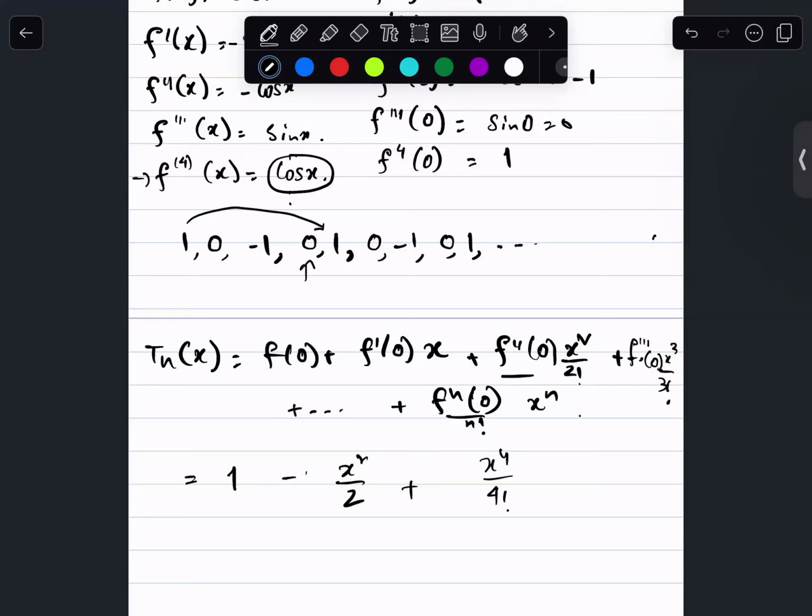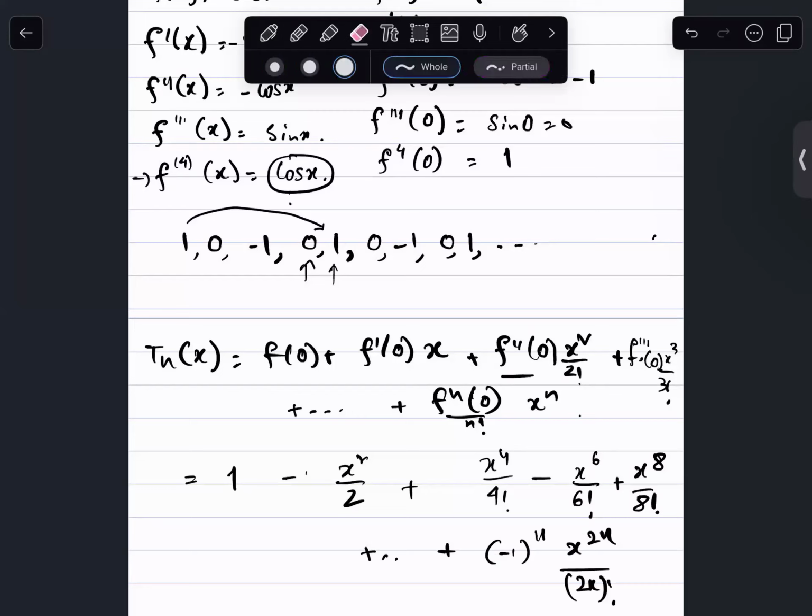But the coefficient, f triple derivative at 0, is 0, right? So it'll vanish. I'll get the next term, which is x to the 4 over 4 factorial, and the coefficient is again 1, right? And it will basically repeat. So x to the 6 over 6 factorial plus x to the 8 over 8 factorial, and so on. The last term will be (-1) to the k, x to the 2k over (2k) factorial. Okay.